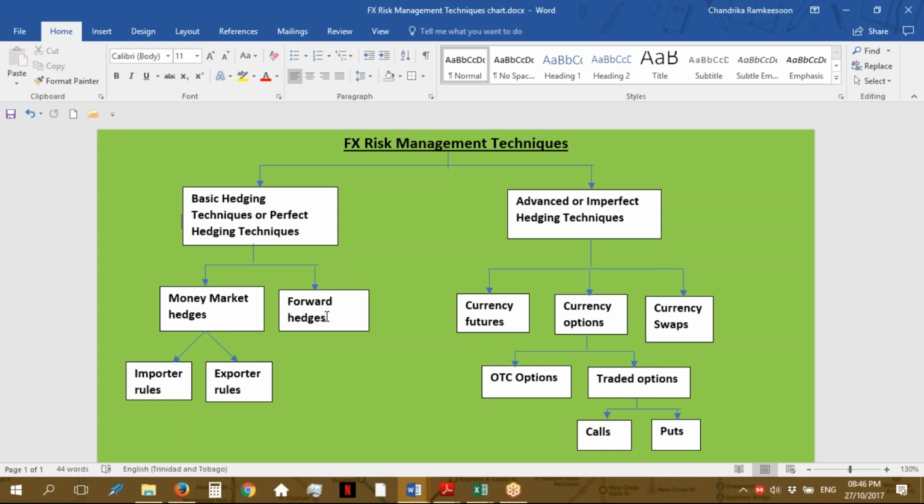Now, it stands to reason, therefore, that if the main reason for hedging is to hedge against transaction risk, a firm would be inclined to use a perfect hedge. Because after all, the firm is hedging to protect itself against adverse movements because of payments and receipts it has to make or receive, and these arise out of the normal course of business.